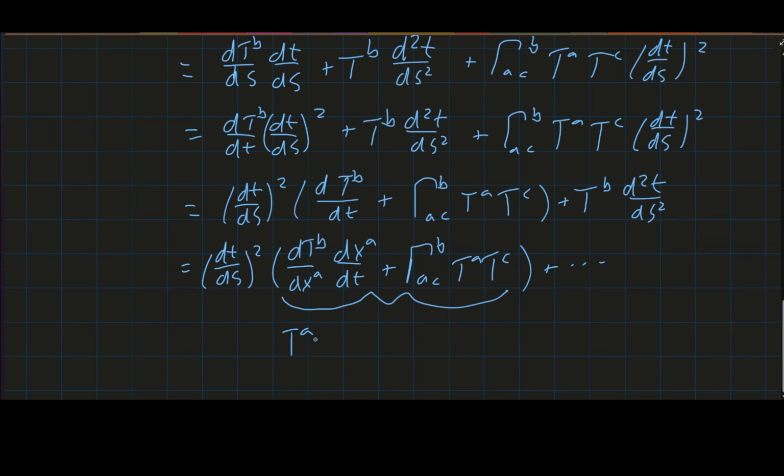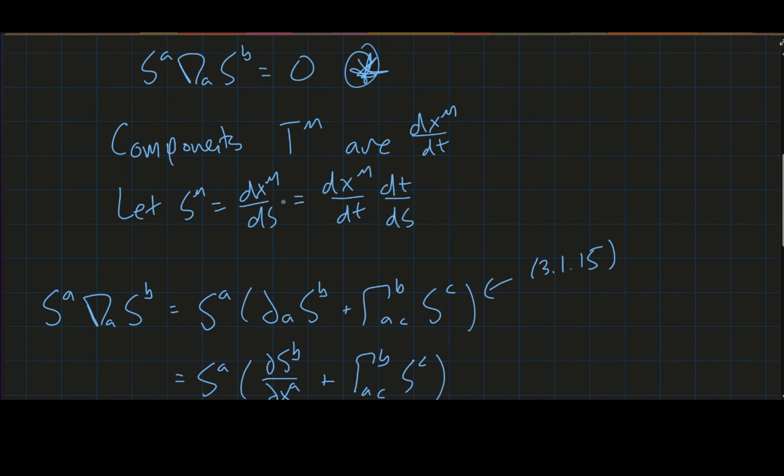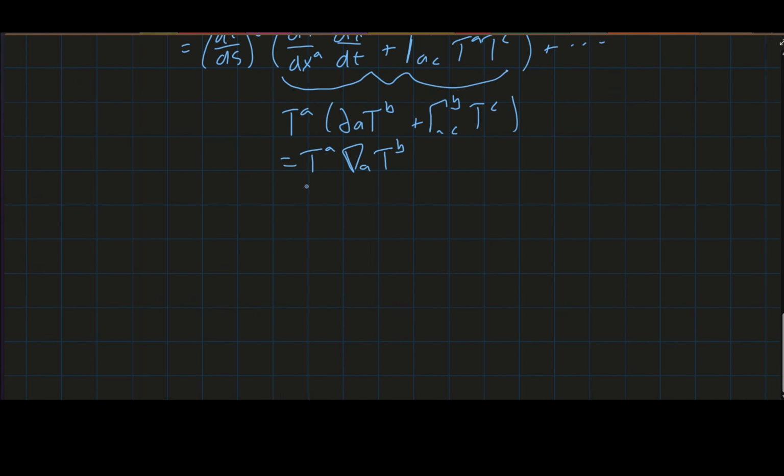We're going to have T^A times the partial derivative of T^B plus Gamma^B_AC T^C. But this is nothing other than the definition for the covariant derivative here with T^A out front. So we get nabla_A T^B, which we already know from up here. Right here, it is alpha T^B. This was a given.